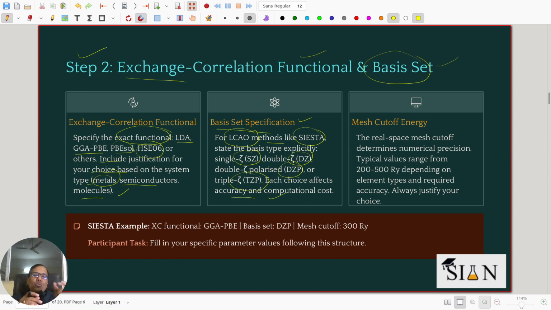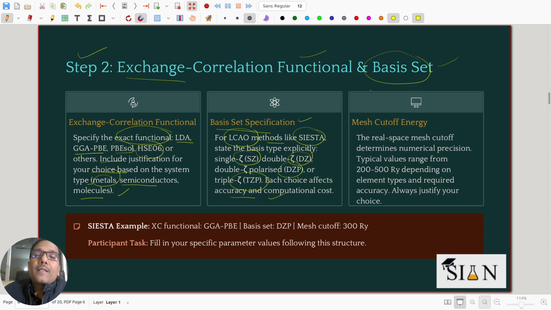Use those parameters that you used during the optimization as well as while calculating different properties. So copy from that one. Do not write randomly; mimic those points from the input file into this method section.